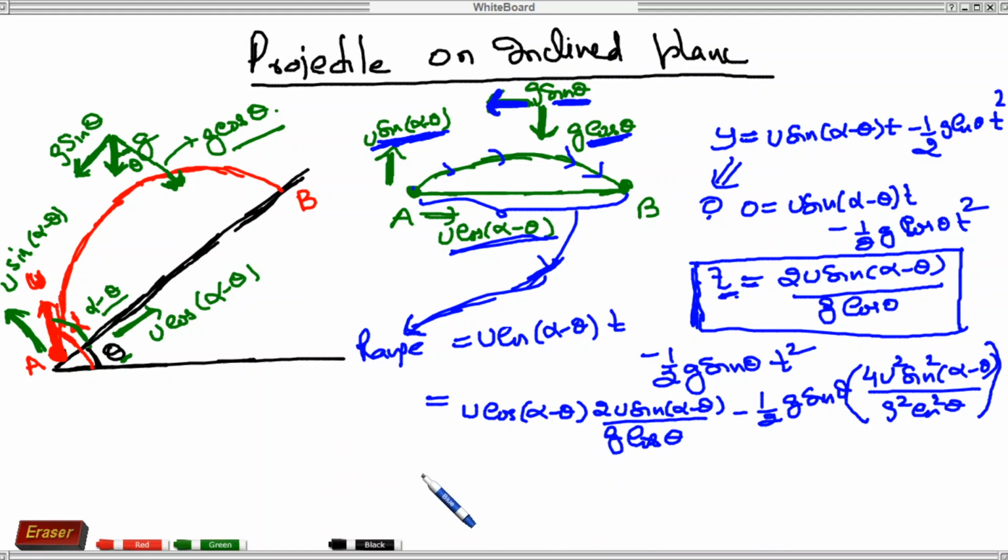So when I am going to take a few things common, I am going to take this and this common, u square over g cos square theta.